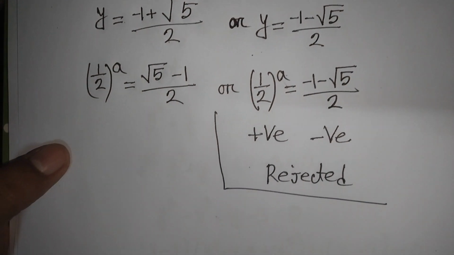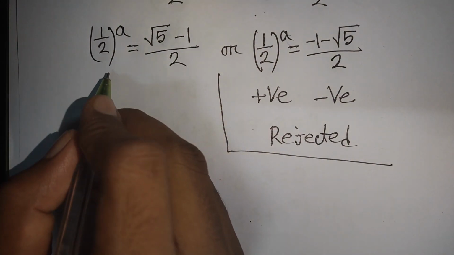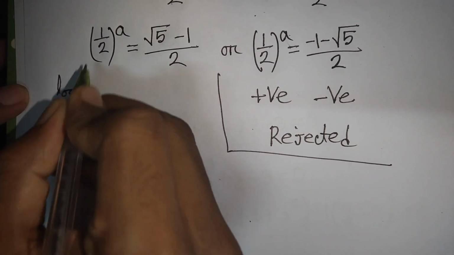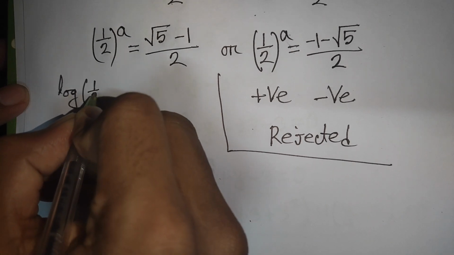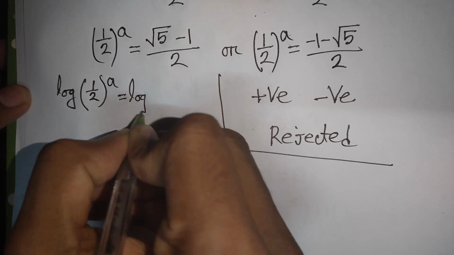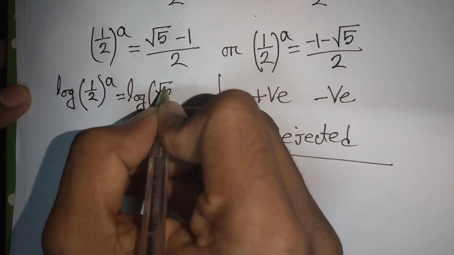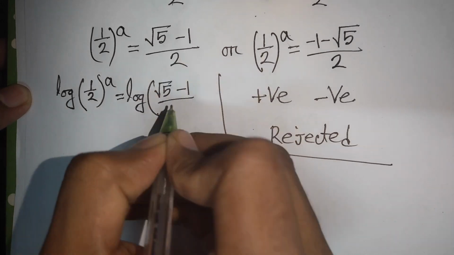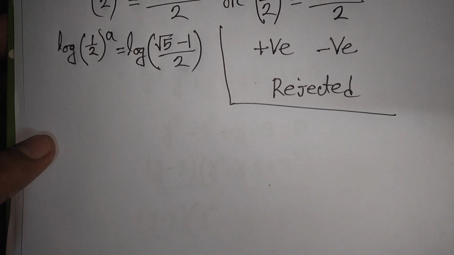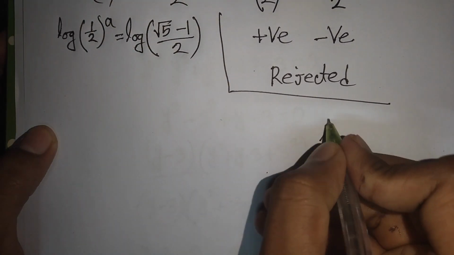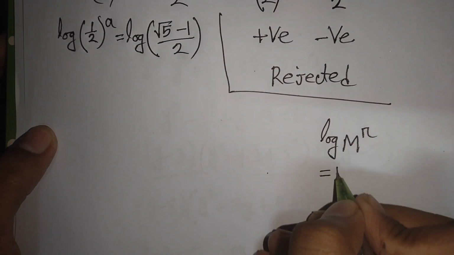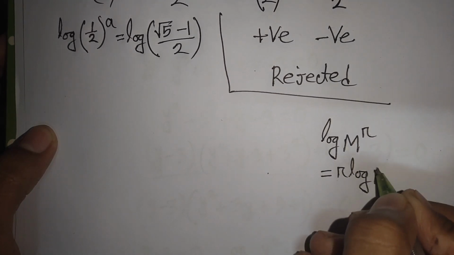Now from here we apply log on both sides, so you can write here log of (1 by 2)^a is equal to log of (square root of 5 minus 1) divided by 2. Now here we can apply the rule that log m^r is equal to r log m.